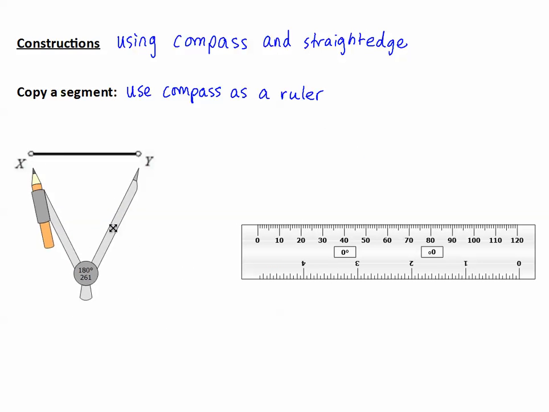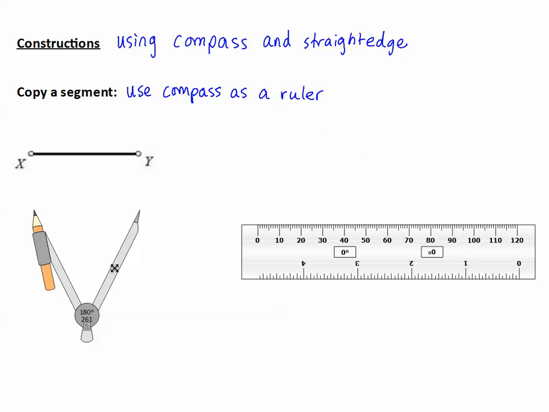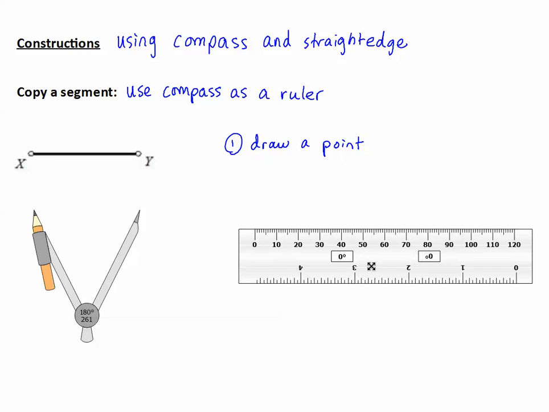We're copying this segment. So what's the first step in copying a segment? Well, look at what a segment's made out of, 2 endpoints. So the first step in copying the segment is draw an endpoint, or draw a point. So let's do that first.